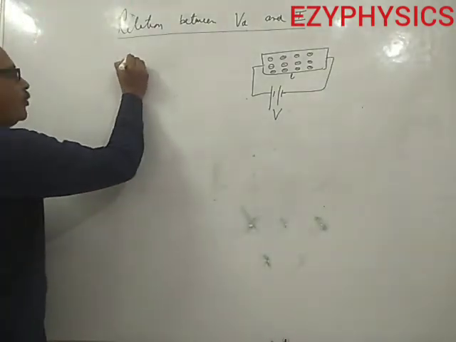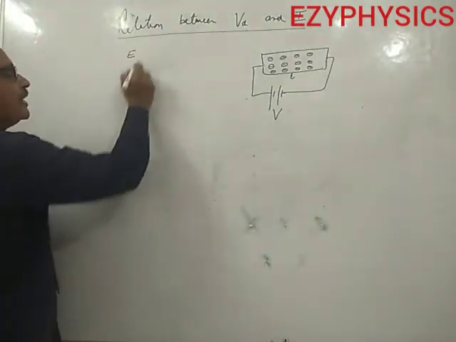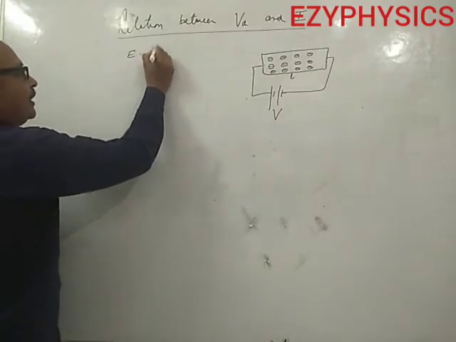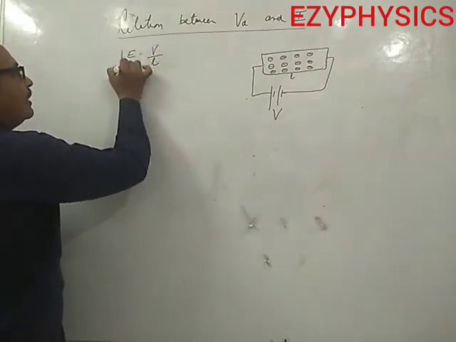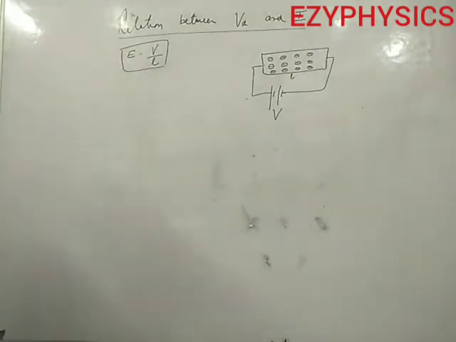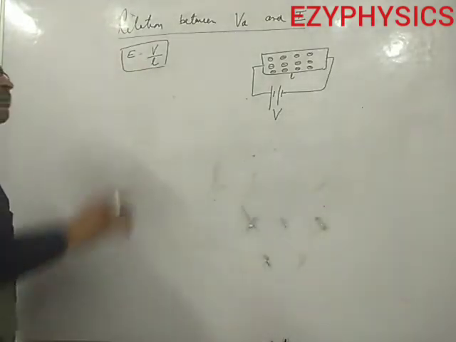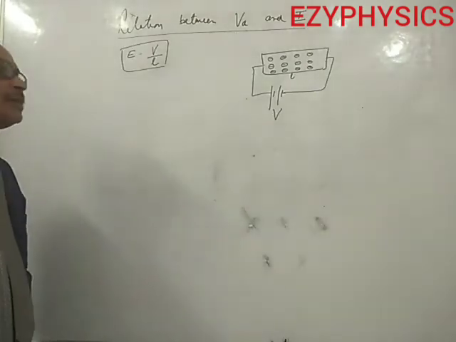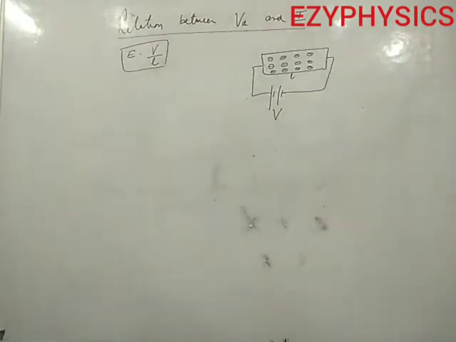We all know that the strength of this electric field is given by V over L. This is the strength of the electric field experienced by the conductor.